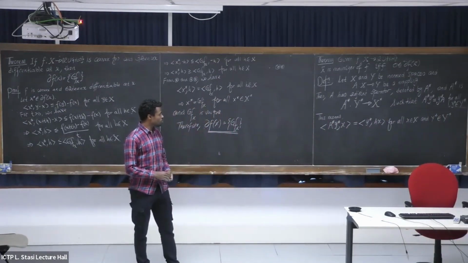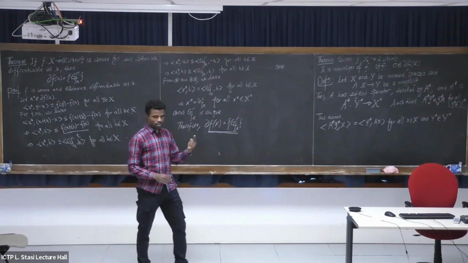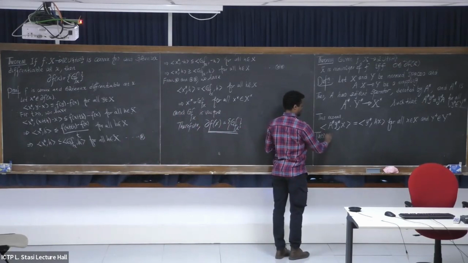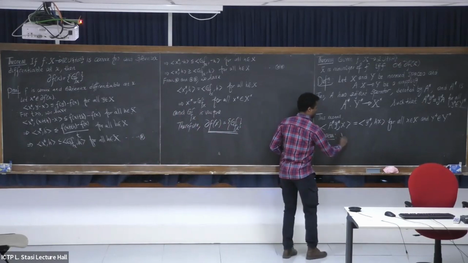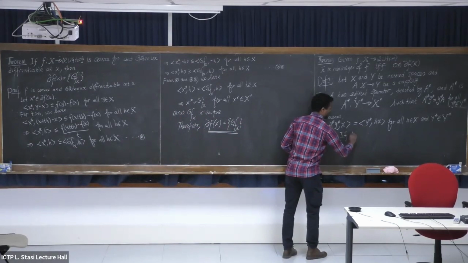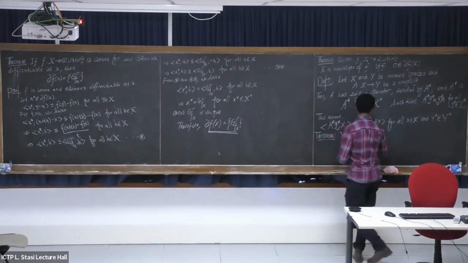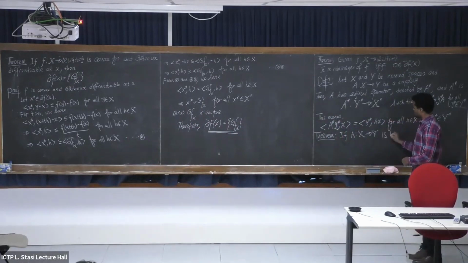But this is true: an operator of this form has an adjoint operator if it is a bounded linear operator.